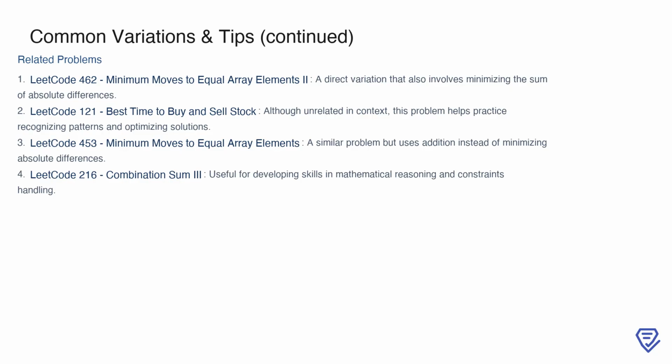Then there's LeetCode 453, which is a similar problem but focuses on using addition to make all elements equal, rather than minimizing absolute differences. Lastly, LeetCode 216, which involves finding combinations that meet specific constraints, is excellent for sharpening your mathematical reasoning and constraint handling skills. Working through these problems can help you develop a broader toolkit for tackling variations of this challenge.